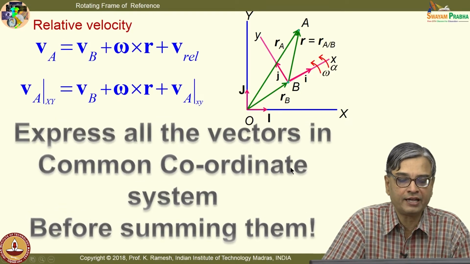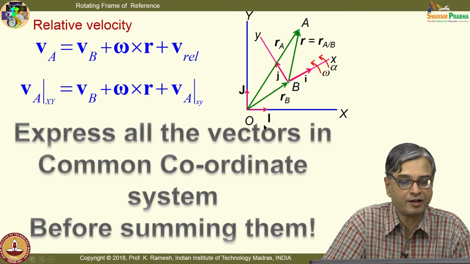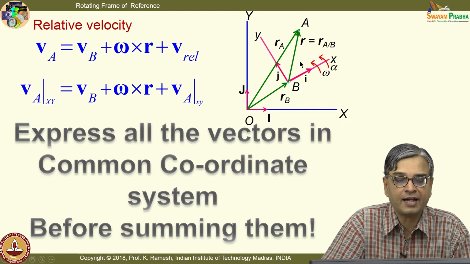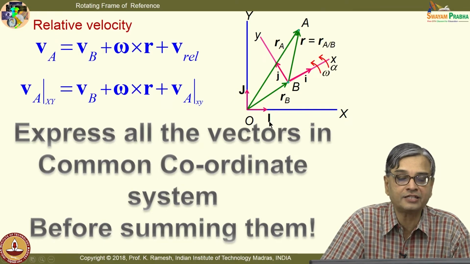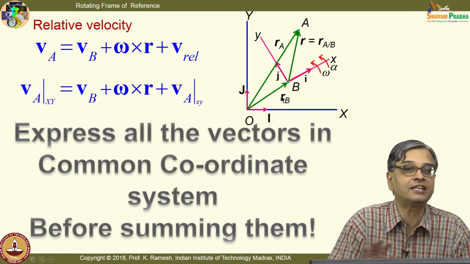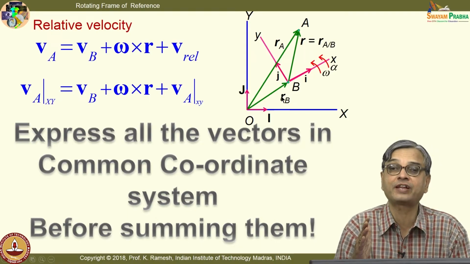So, before I get into that, I make a caution. I have a rotating frame of reference which is oriented at an angle. i and j have to be expressed in terms of capital I and capital J, or capital I and capital J should be expressed in terms of i and j, for you to do mathematical simplification.